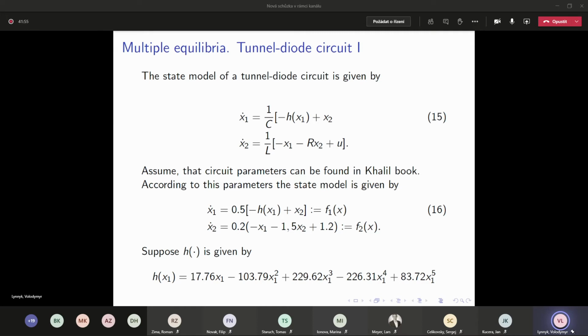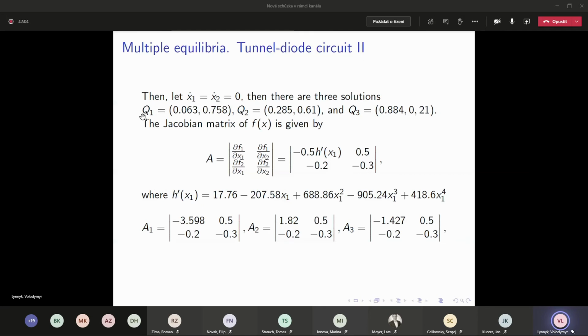And for the given numerical values, the two curves intersect at three points: q1 is 0.063 and 0.758, and then q2, and q3.